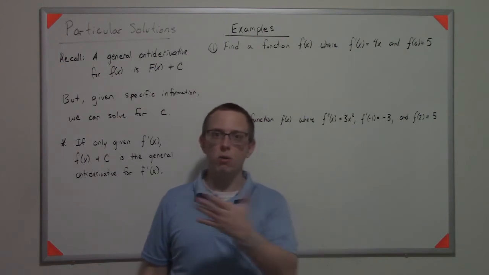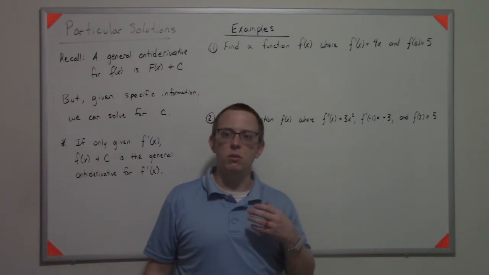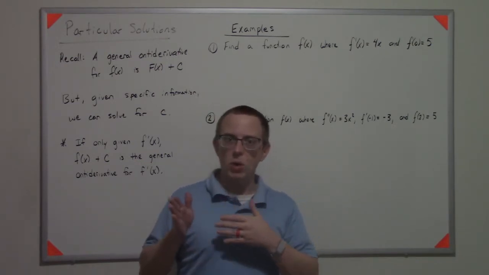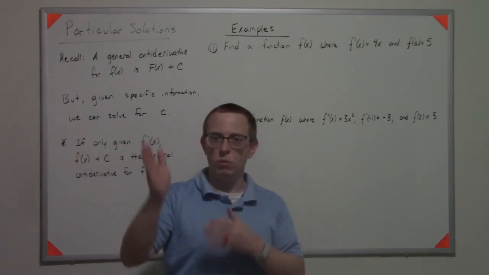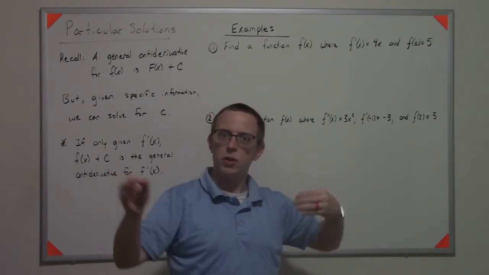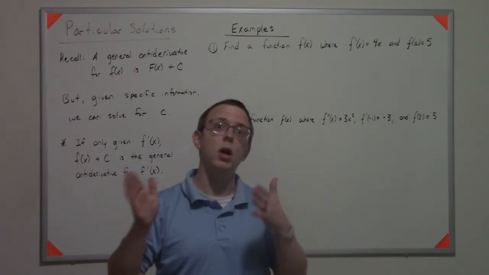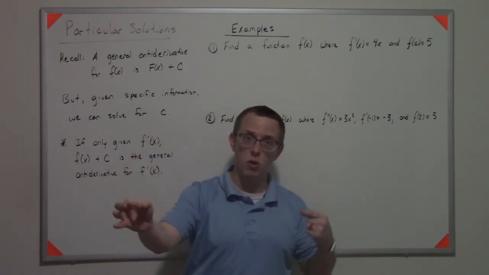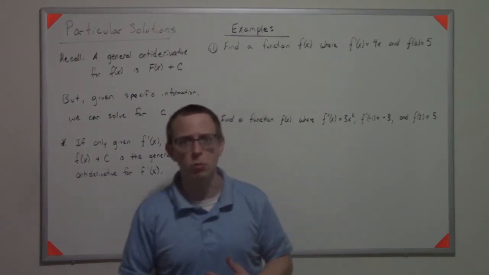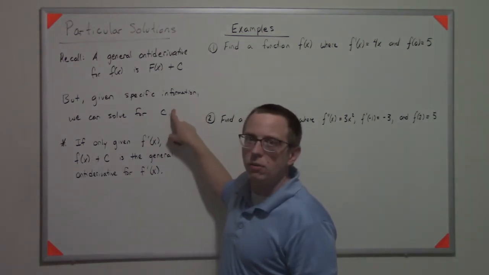And you may know how fast it's moving all the time, but where it is in space is a function of where it starts, because it could be going 100 miles an hour, but if it started here versus starting there, the position functions would be similar, but they would differ because their starting points differed. And that's the basic idea behind an initial value problem. So again, we can find that if we are given specific information.